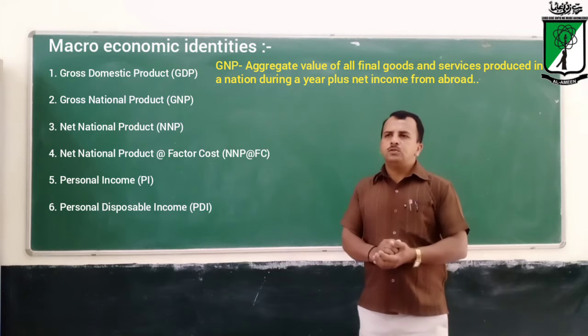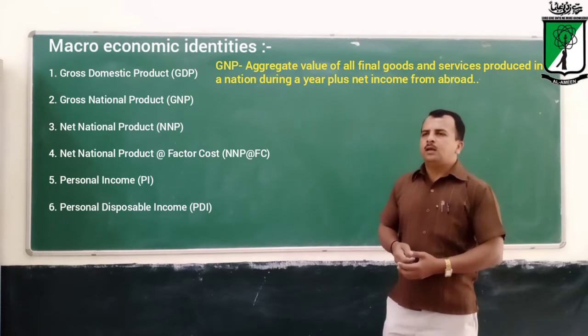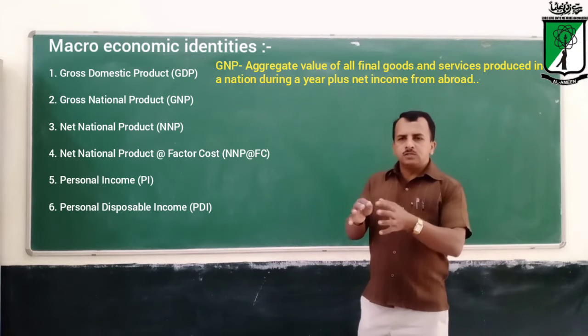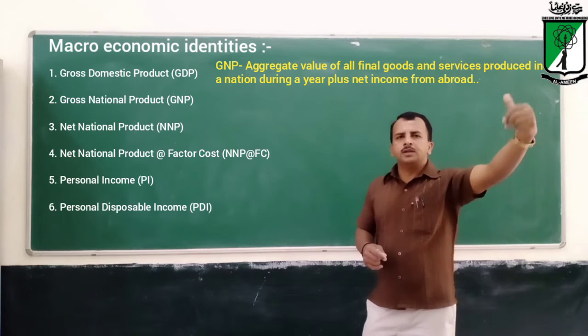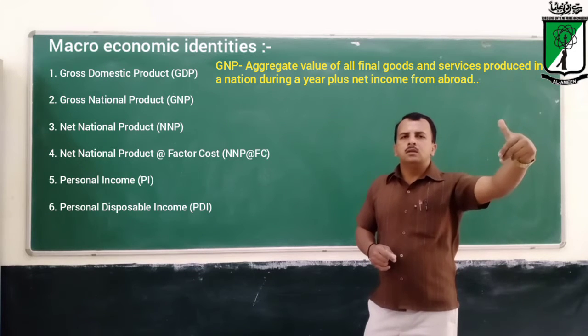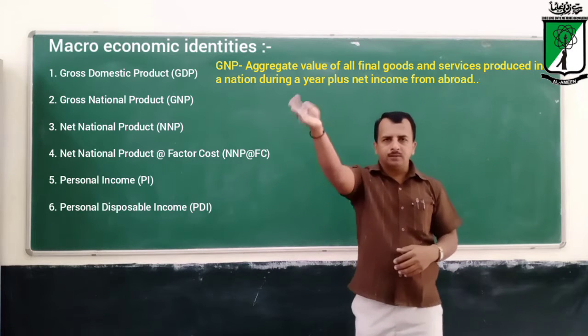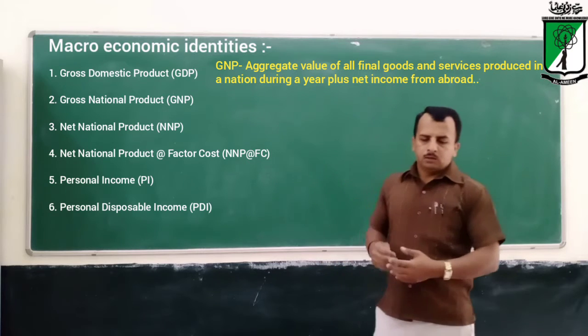GNP shows you the complete national income. Net income from abroad means what? Exports minus imports. Whatever we have exported, from that we need to minus imports.